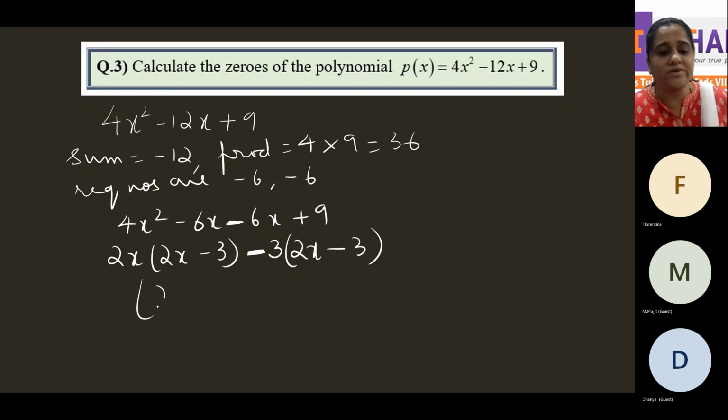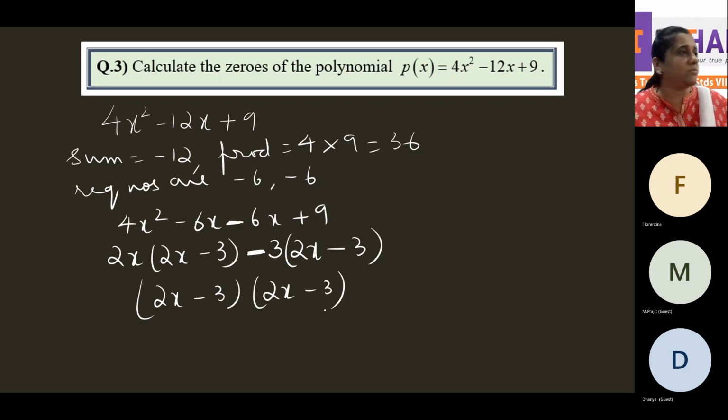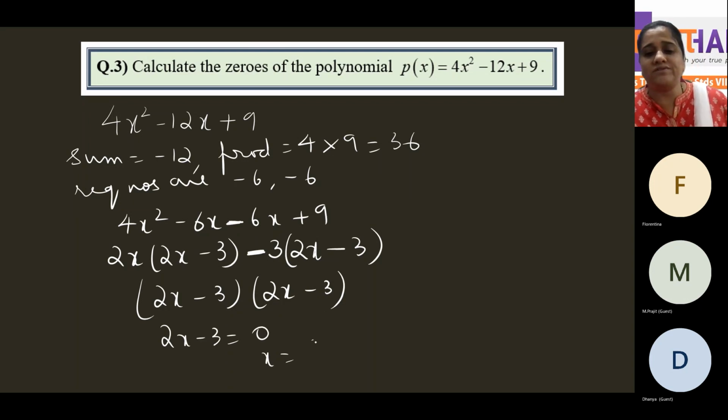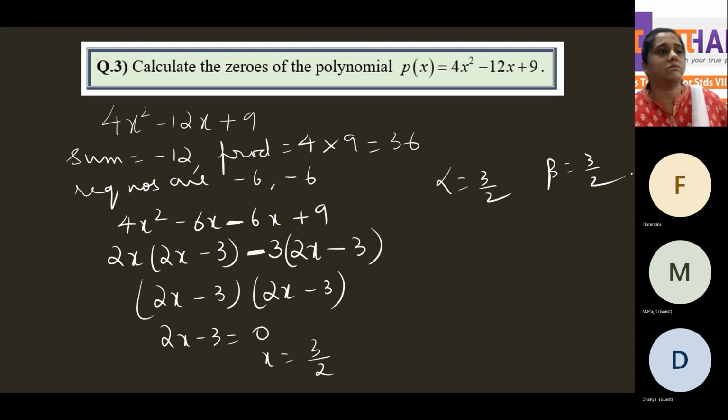Okay. So 2x minus 3 into 2x minus 3, which means 2x minus 3 is equal to 0. x is equal to 3/2. So alpha is equal to 3/2. Beta is also equal to 3/2.